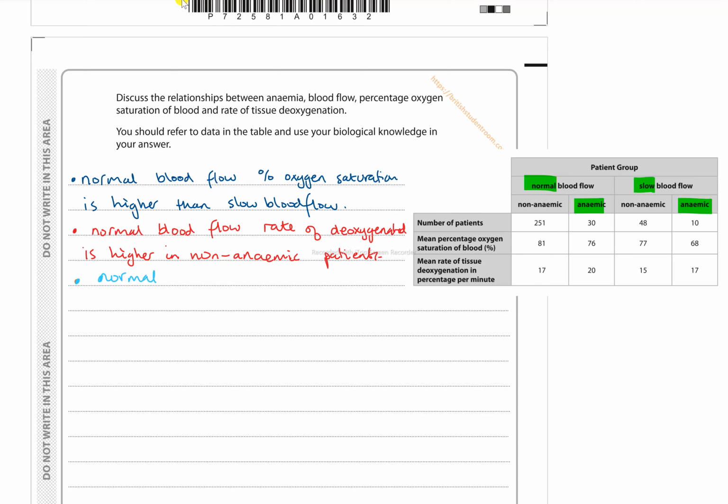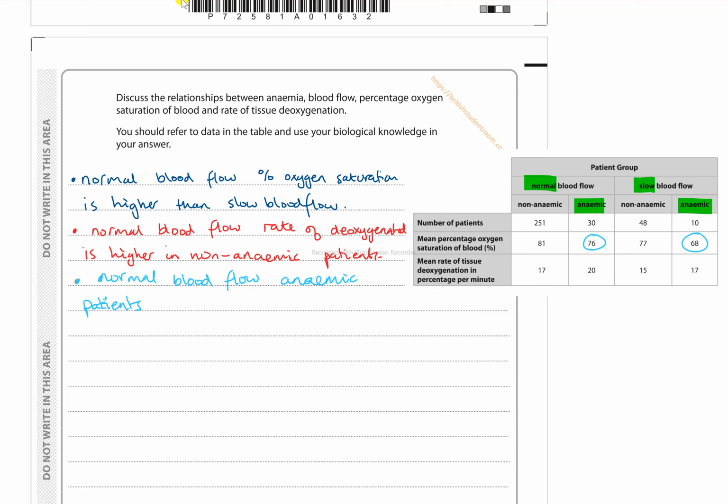Right, okay. So we're comparing normal blood flow anemic patients.